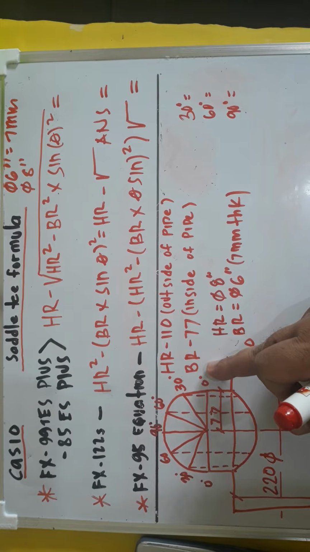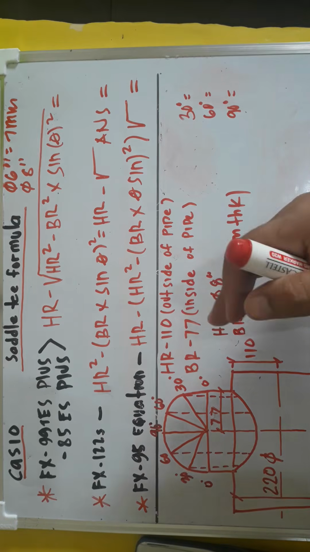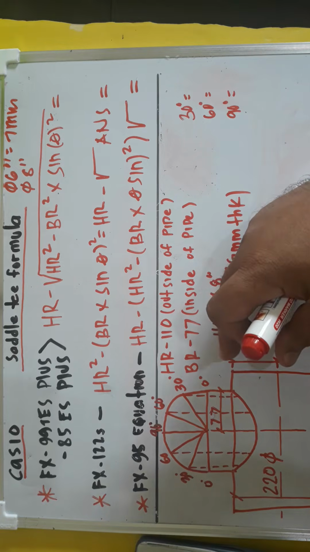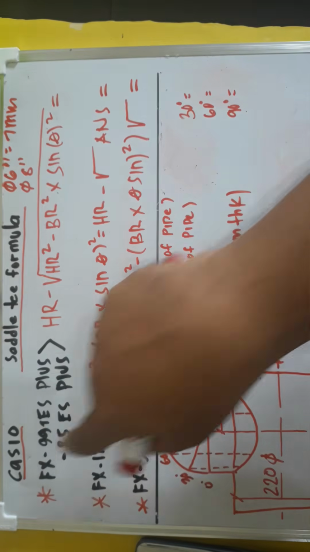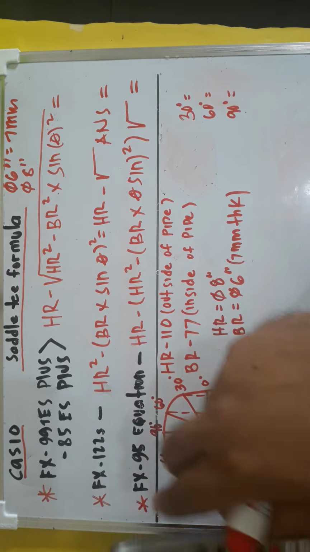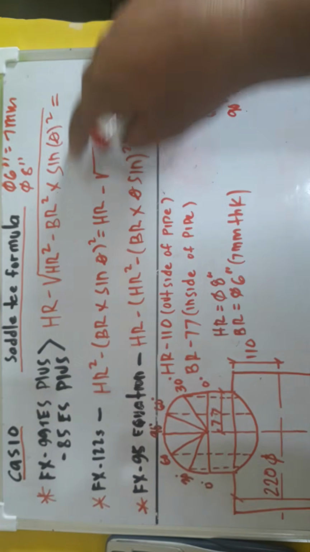And for this, we use this angle to calculate using the given radius of the header and the branch. Like for example, I have here this Casio fx-991ES Plus, and this is the first derived formula.